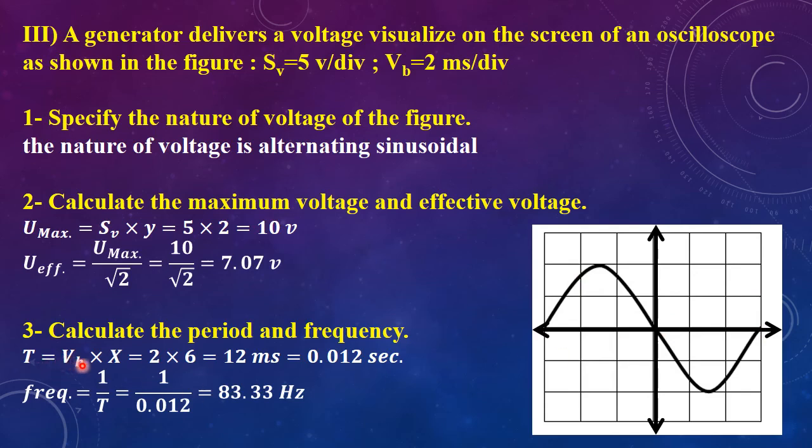So T equal SH times X equal 12 millisecond. Then we convert from millisecond to second. We divide 12 over 1000 to get 0.012. To find the frequency, we write the formula frequency equal 1 over T equal 1 over 0.012, which is equal to 83.33 Hz.